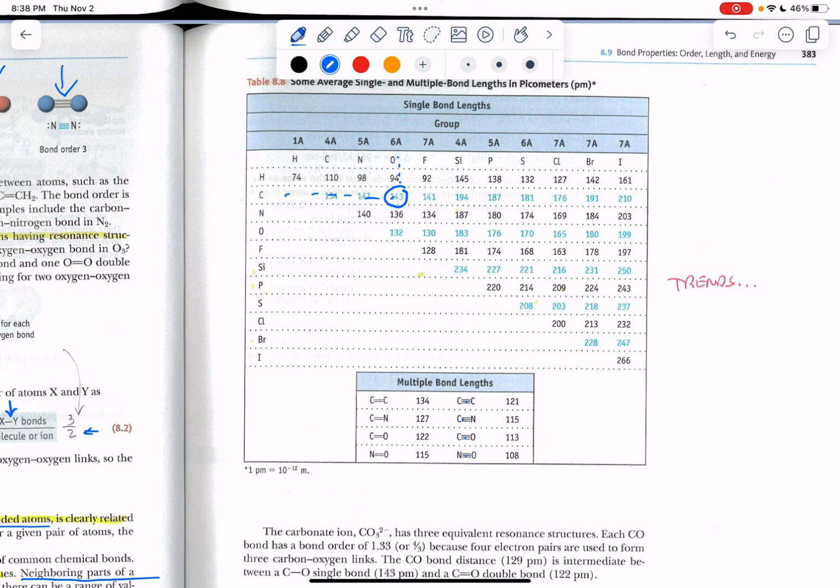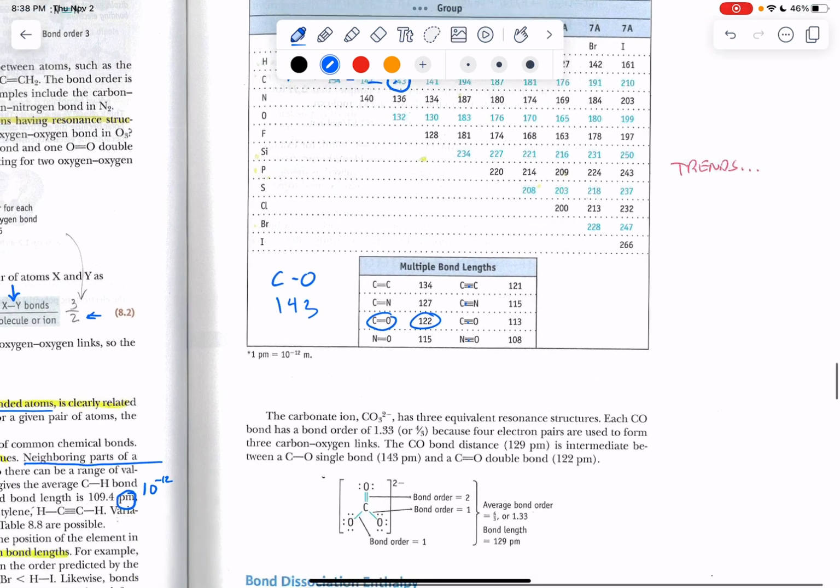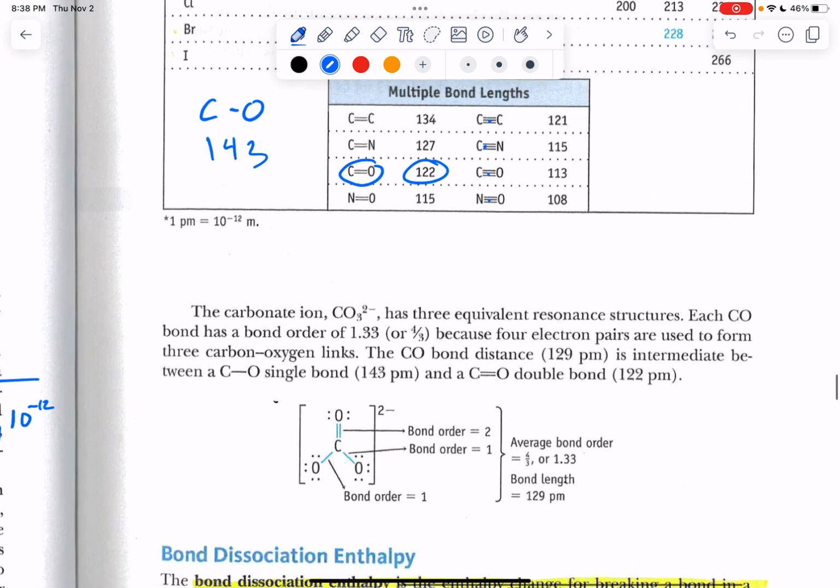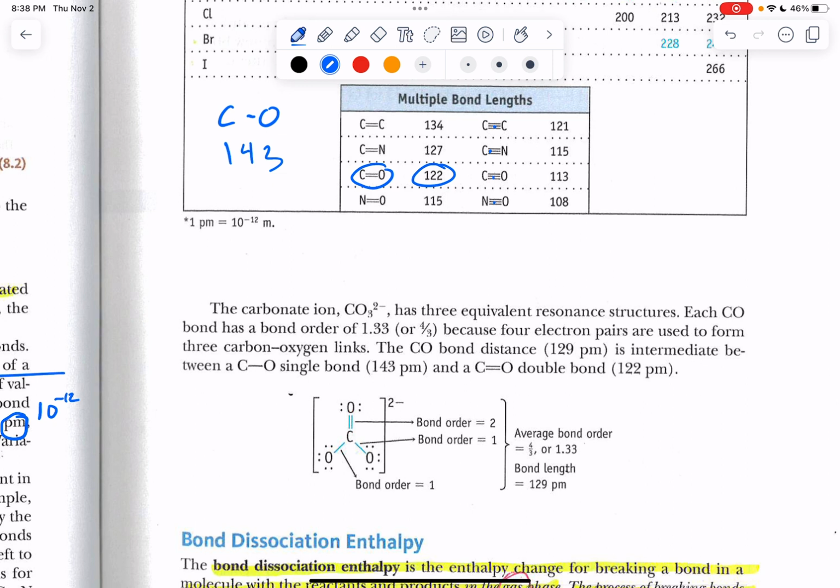And a double bond carbon oxygen is going to be a 122. So we have a 143 for a single carbon oxygen and a 122 for a double bond. So when we look right here, our bond length turns out to be 129. And you can see it's in between the 122 and the 143.